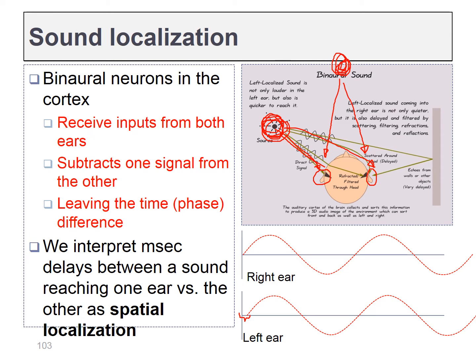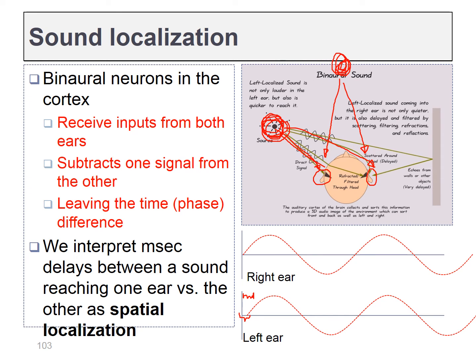But when the phase is off, our brain can determine which ear the sound hit first and perceive that as localization. Once again, we've got an example of the difference between sensation versus perception. Our senses are that there is a millisecond delay in the sound reaching one ear versus the other ear. That's way too short of a time for us to be consciously aware of that. But our brain does perceive this information as location.